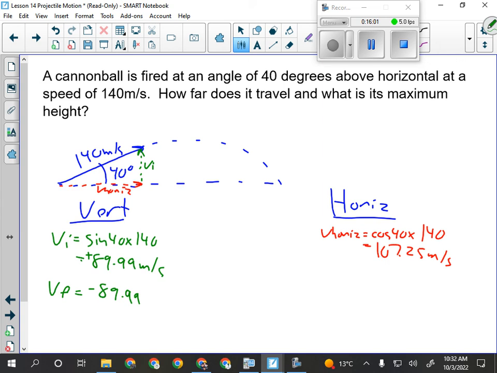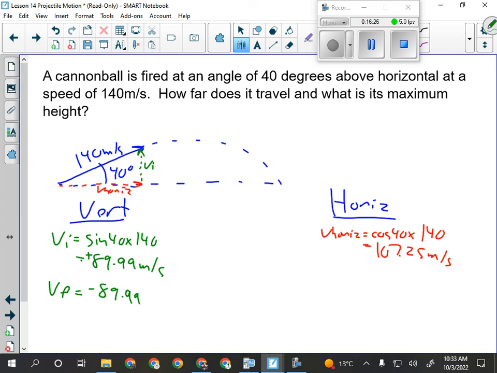You still have a vertical displacement, so rather than having VF, instead you have D. Say a cannonball was fired on top of a mountain downwards, wouldn't you still have a vertical displacement from the edge of the mountain to where it lands? You would. Yes, you would.